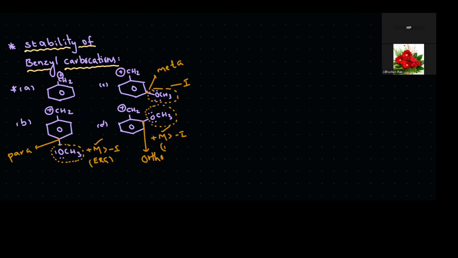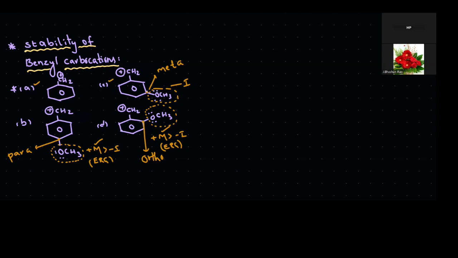First case: these two are the most stable carbocations. And coming to A and C, these two are the most stable ones, where the mesomeric effect, that is resonance, is equally present. Which of these two is more stable, we will discuss later. Then coming to the compounds A and C, in these two the OCH3 group is present at the meta position.